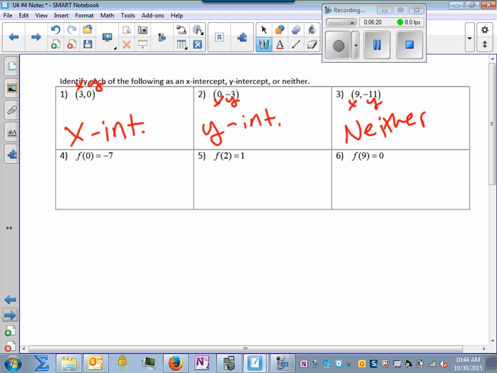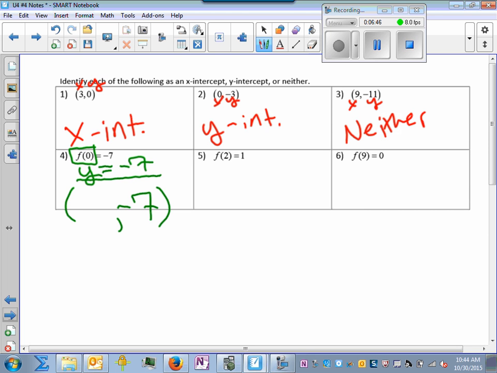All right, for 4, we have to make our ordered pair before we can figure it out. Who remembers what this entire thing means? So what can I write instead of it? So what is my y value? What is my y value? -7.